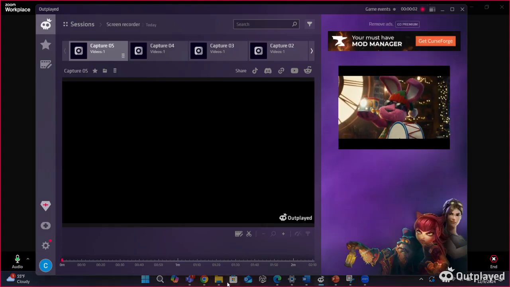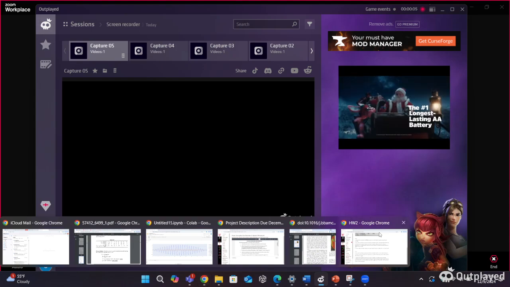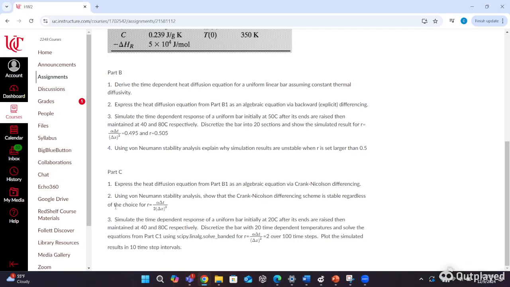All right, so now on to the final part of Part C. They want us to discretize the bar with 20 time-dependent temperatures and solve the equations from Part C using this in Python. But let's actually get to the part where we show how we're supposed to use the matrices and linear algebra to actually solve for this.